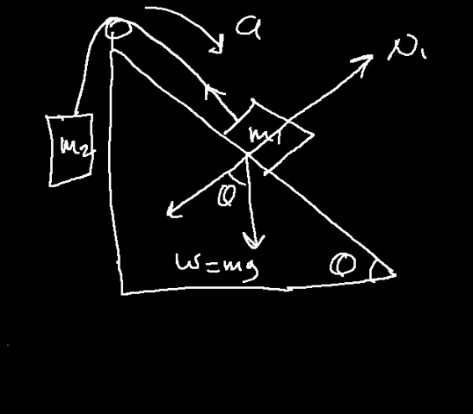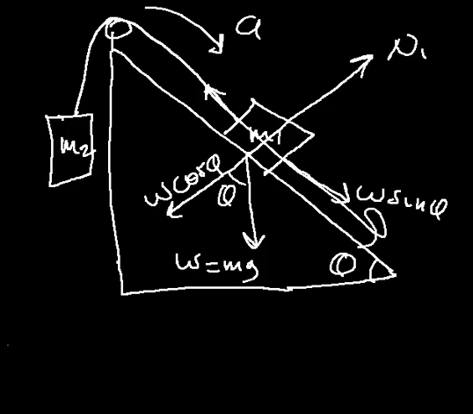So we should resolve the weight into components. We have weight cos theta, and we have the weight sin theta. Since the whole system is moving towards this direction, this is the force responsible, and this is the weight 1, of mass 1.